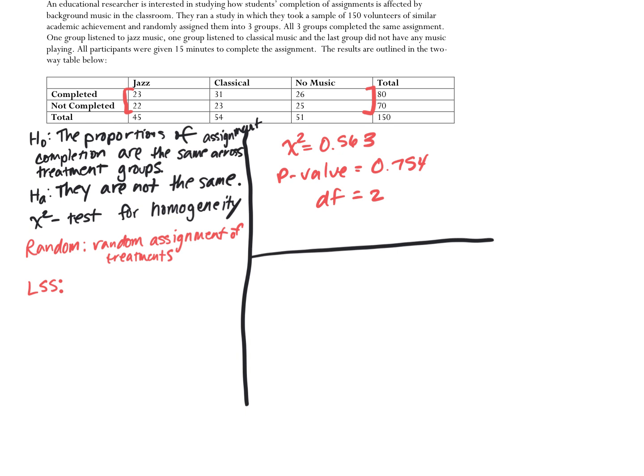Now, if I go back to that matrix menu and I pull up matrix B and hit enter, you'll notice the exact same expected counts. It rewrote them into matrix B for you.